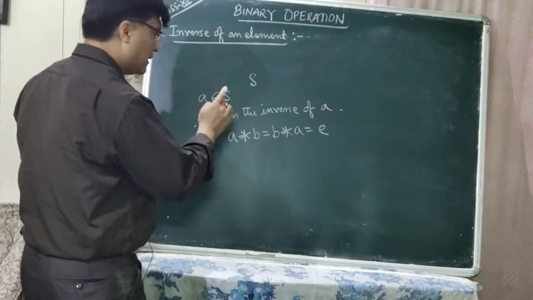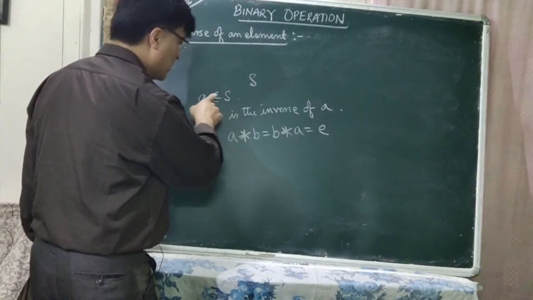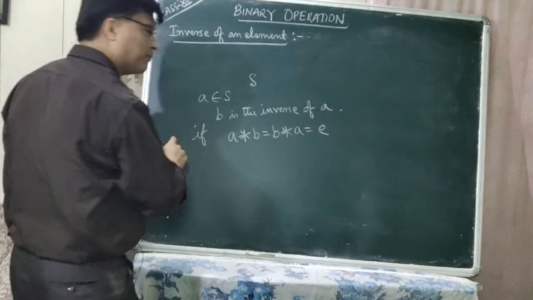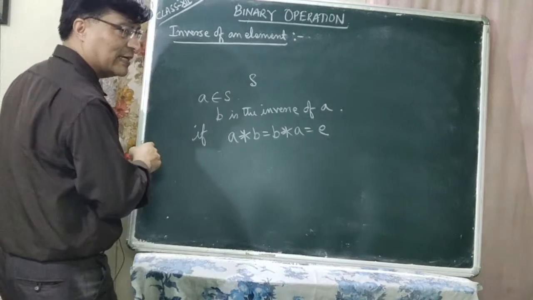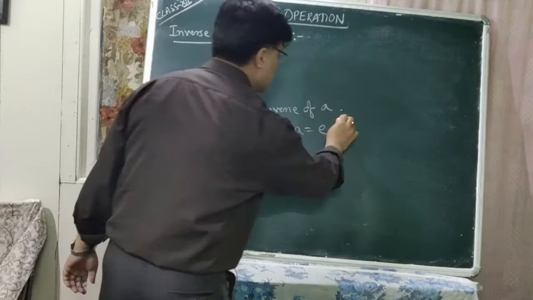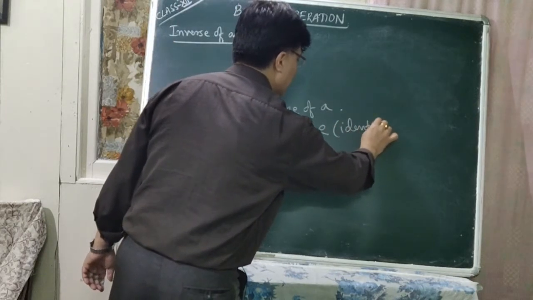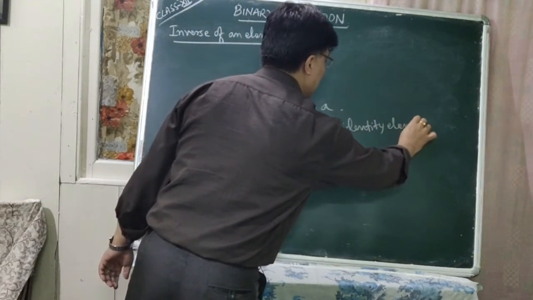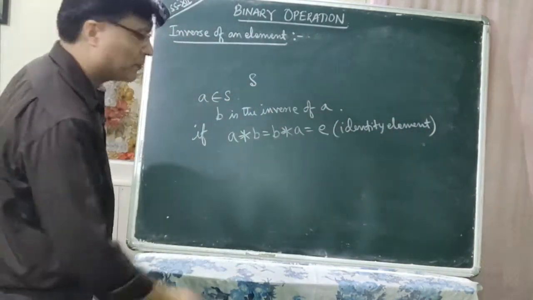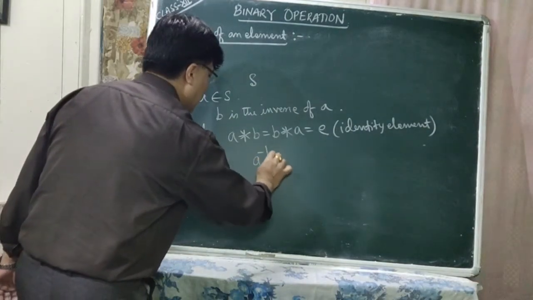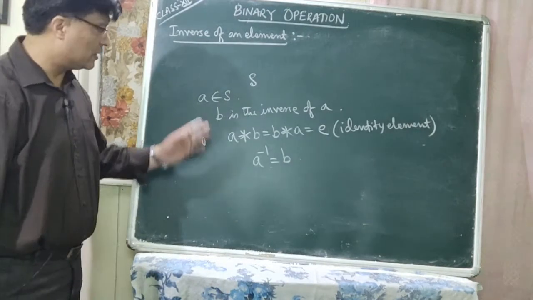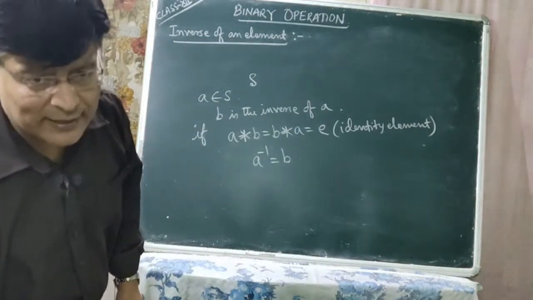This A belongs to the set S, and B, the inverse of A, should also belong to the set S. If you can find A star B is equal to B star A is equal to E, your identity element, then B is said to be the inverse of A. In that case, we can write A inverse is equal to B. This is the definition of inverse of an element.